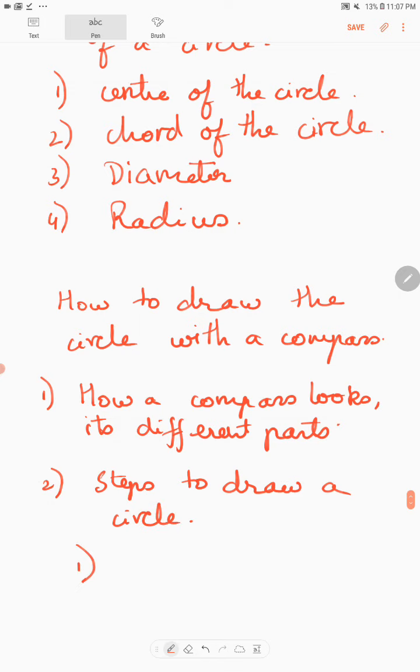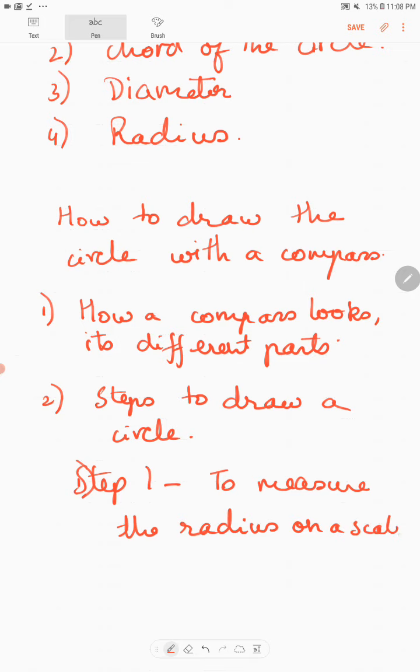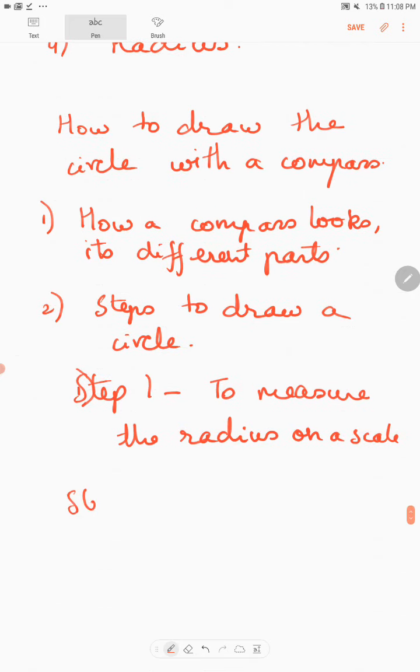So step 1 is to measure the radius on a scale. Step 2 is mark the center with the pointed edge.